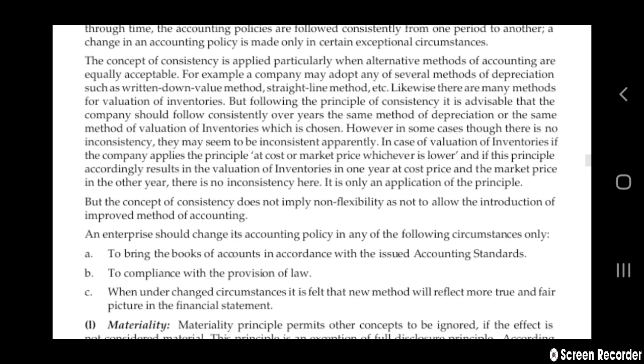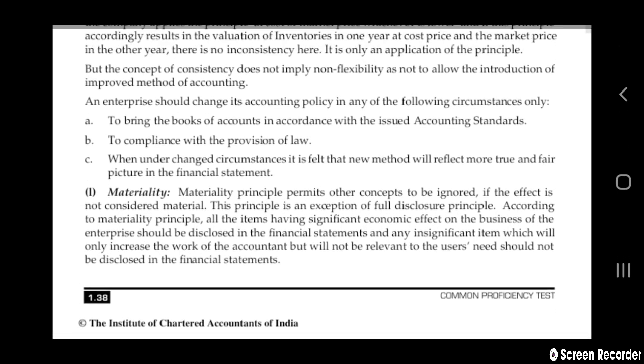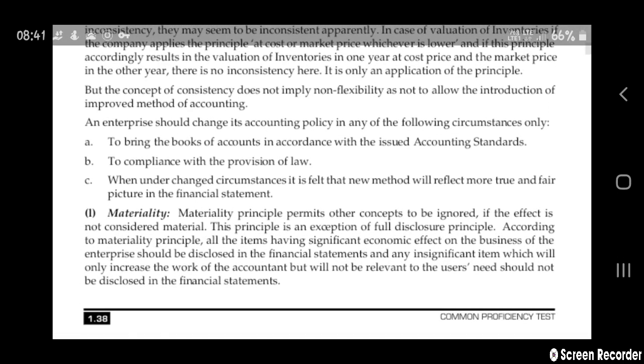It is only an application of the principle. But the concept of consistency does not imply inflexibility. It does not prevent the introduction of improved methods of accounting.